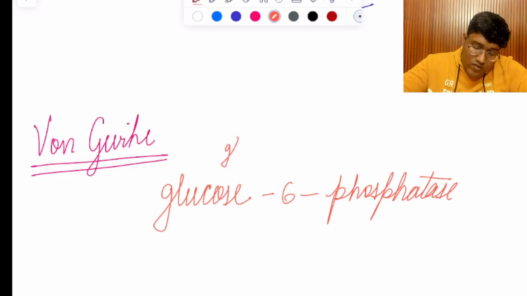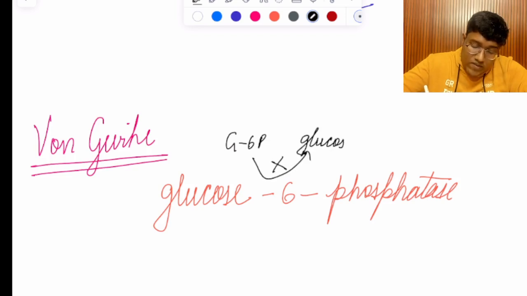So ultimately glucose 6 phosphate cannot become glucose because this enzyme is absent. So for these patients, what are the clinical features that we look for? There are a few.